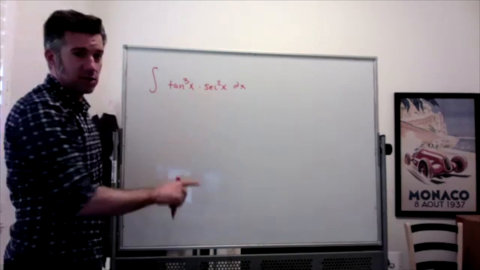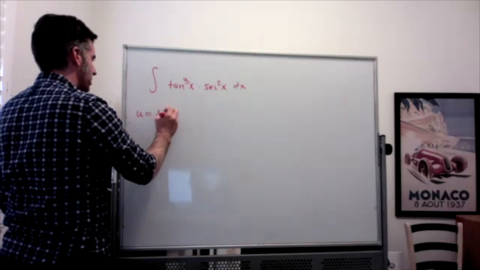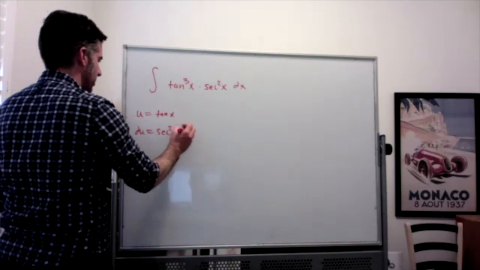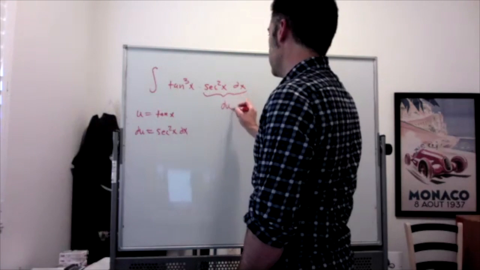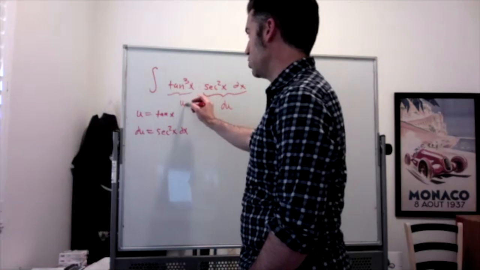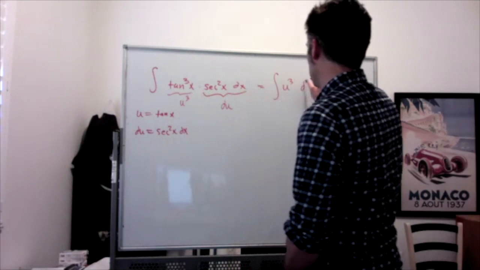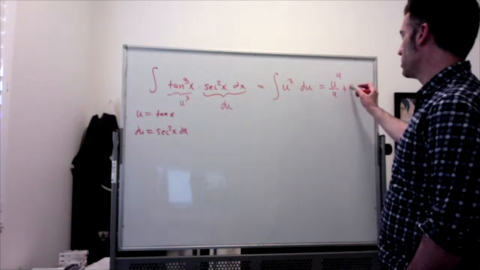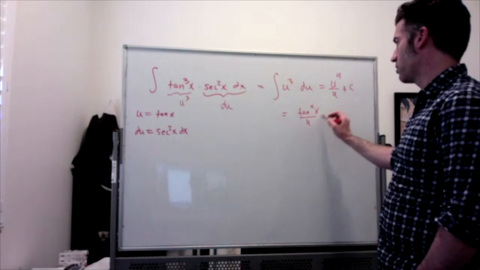I want to have a secant squared, so that's an excellent choice. u is tangent of x, and du is secant squared x dx. So this part here becomes my du, and this part here, well, u is tangent, so tangent cubed is u cubed. So this is the integral of u cubed du, which is u to the 4th over 4 plus c, which is tangent to the 4th x over 4 plus c.